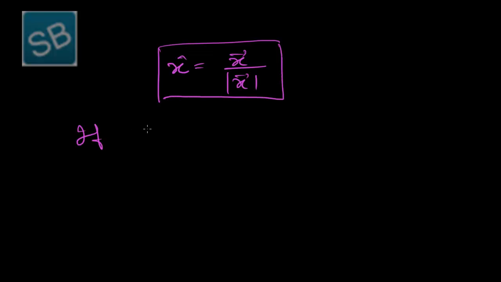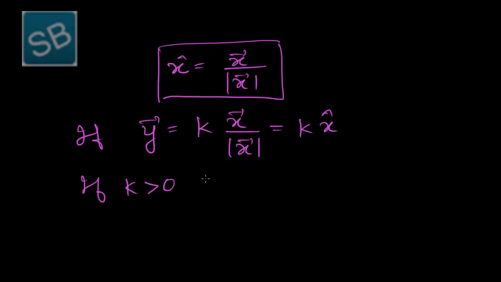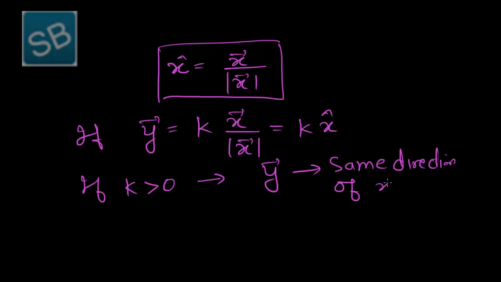If vector y is equal to k times vector x over modulus x, that is k times unit vector, and if k is greater than 0, then vector y is in the same direction of vector x with magnitude k.